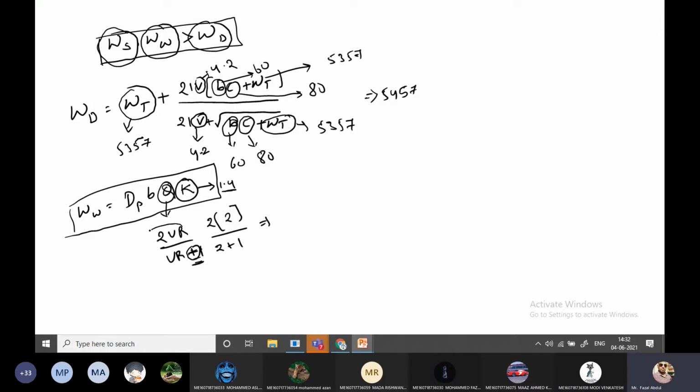So it means there are two equations. One is 2VR by VR plus 1 for external gearing, and 2VR by VR minus 1 for internal gearing.